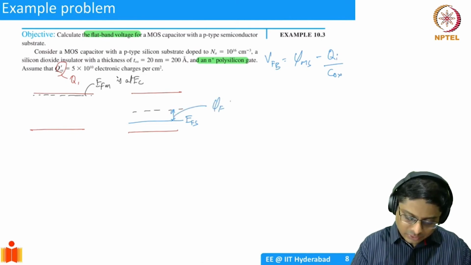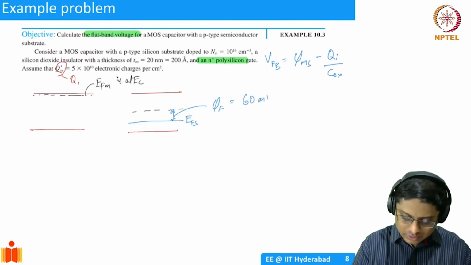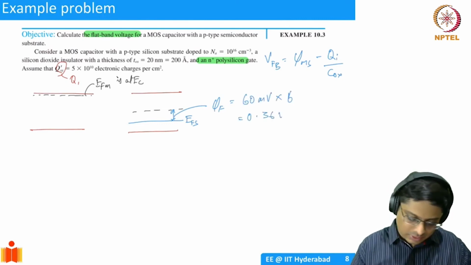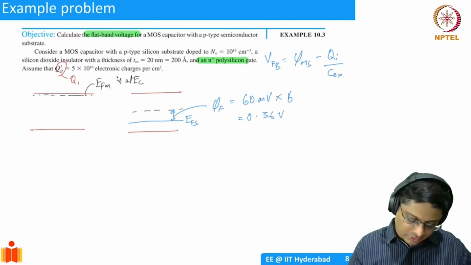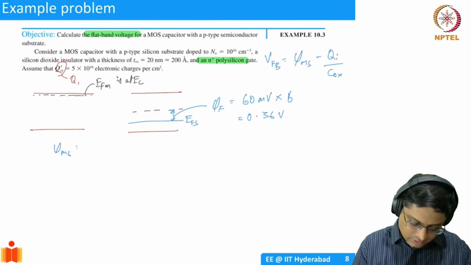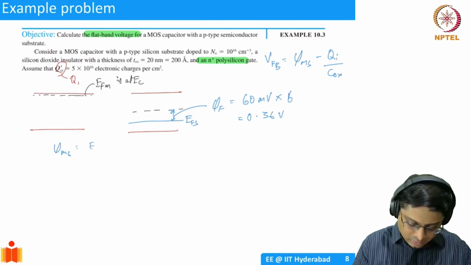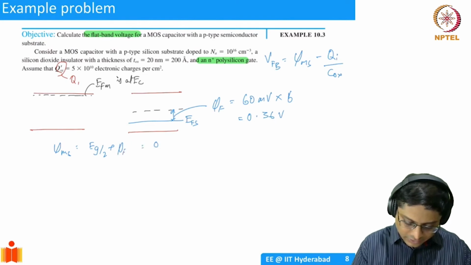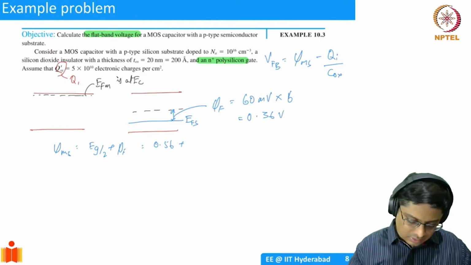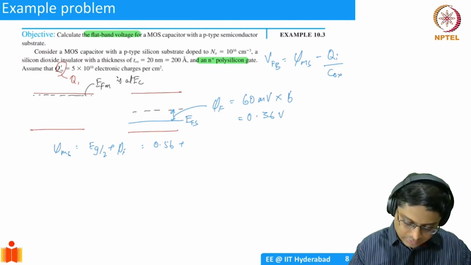This is phi f, that is going to be 60 millivolts into 6, so 0.36 volts. Now phi ms is going to be Eg by 2 plus phi f, that's 0.56 plus phi f.